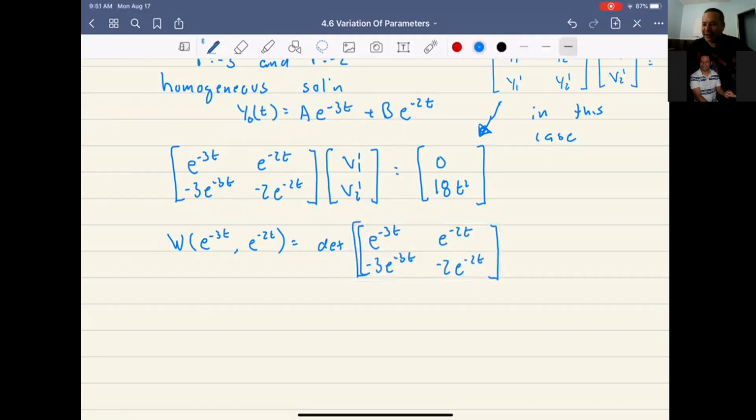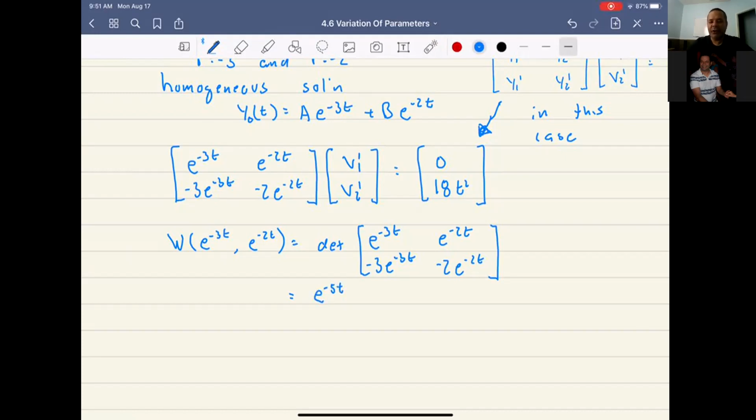Like I said, how did I ever live without the iPad? I don't know. So negative 2 e to the negative 5t plus 3 e to the negative 5t. So that's going to be just e to the negative 5t. Okay, so that's the Wronskian here.